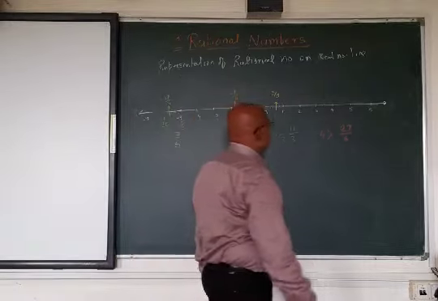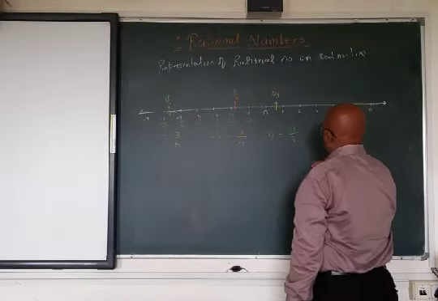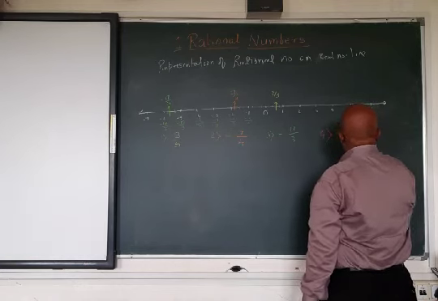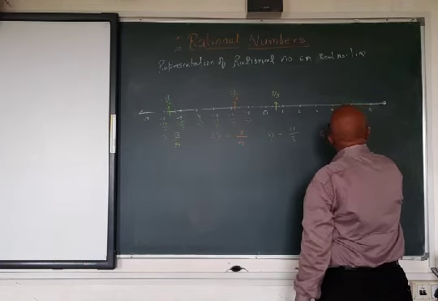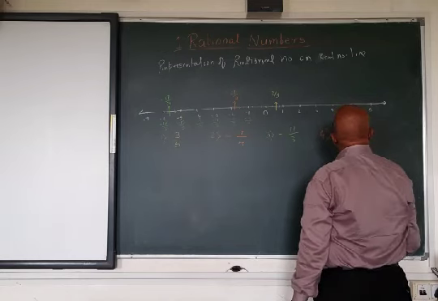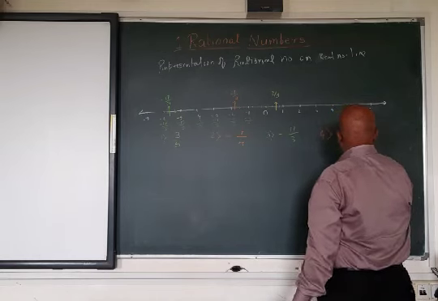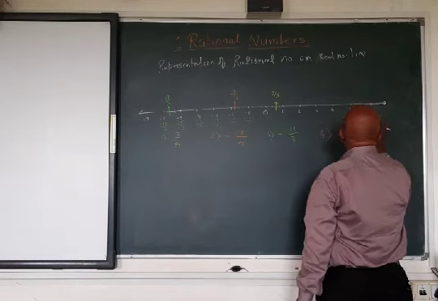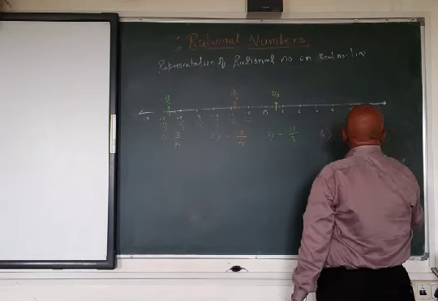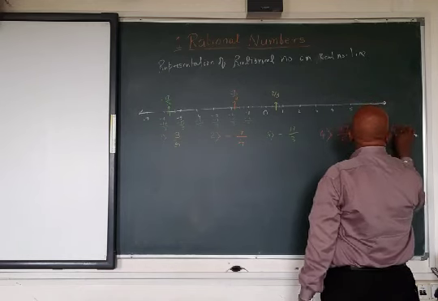I have to represent 27 upon 6. It may come in the exam, it may be asked: 4 and 3 by 6 is equal to 4 and 1 by 2.